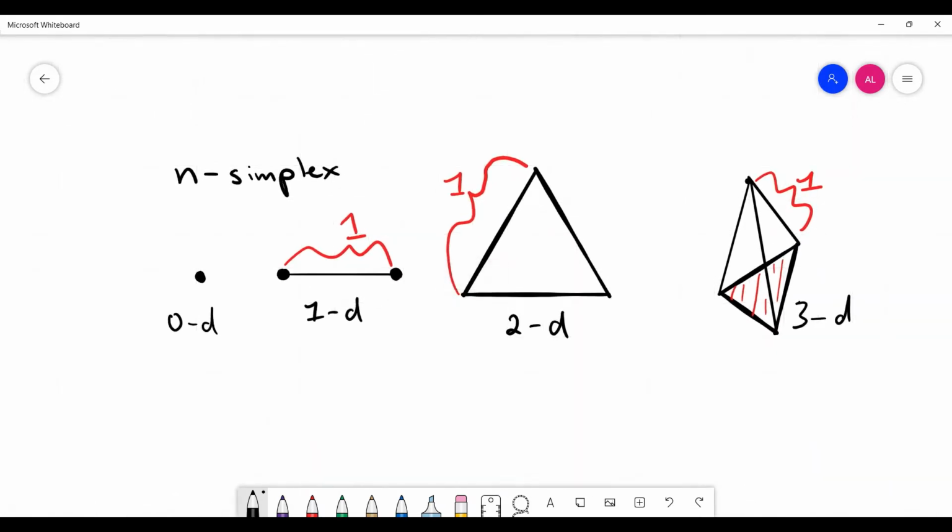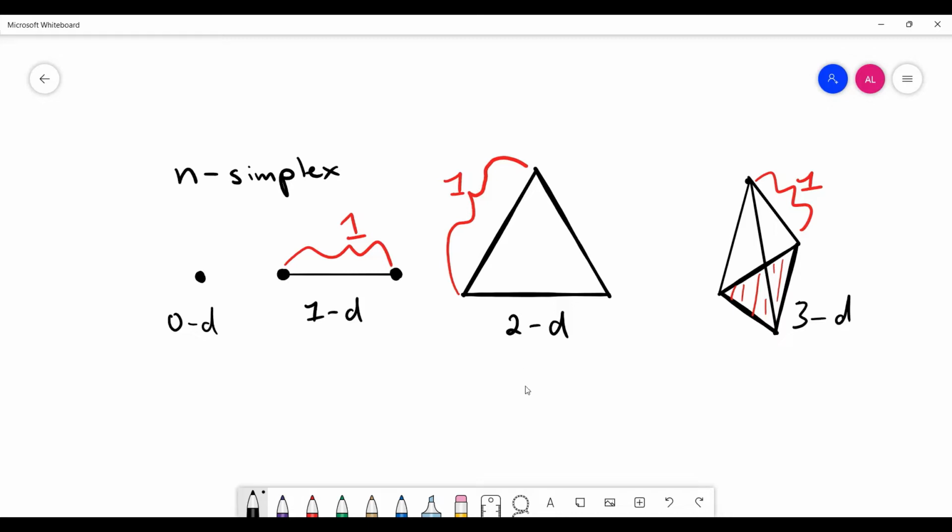And so notice that this is called an n-simplex. What this means is that we can draw something like this for a very large simplex, like a 100-simplex. So basically you can notice from this pattern right here that an n-simplex is a polytope, which is just a polygon generalized to any number of dimensions, and it's a polytope with n plus 1 vertices.